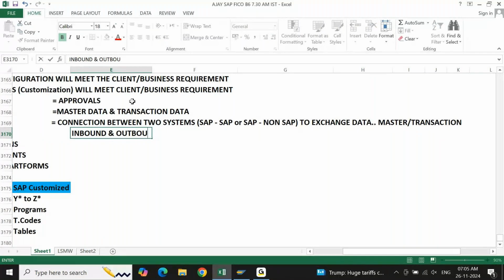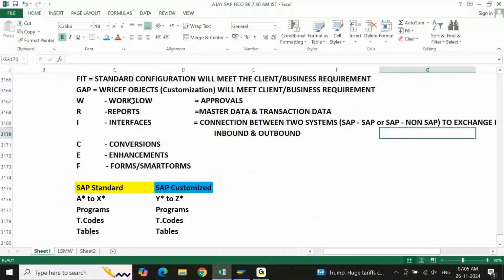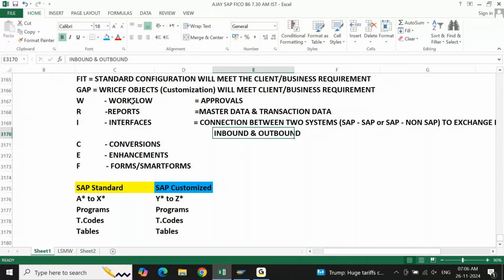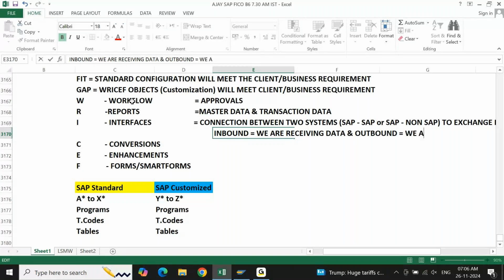Meaning interface inbound, interface outbound. Interface inbound means we are receiving data. Outbound means we are sending data.